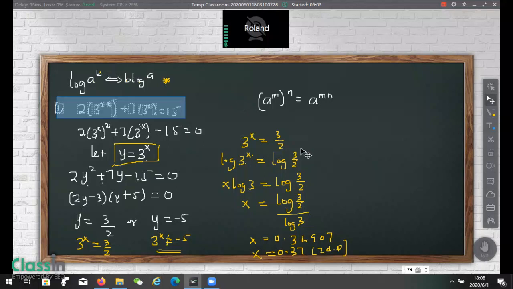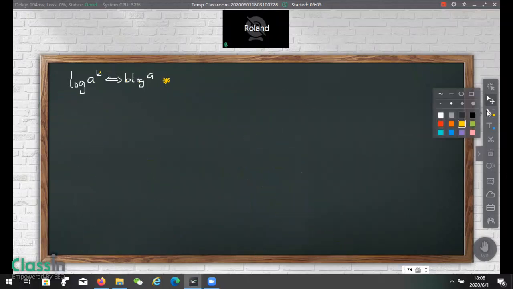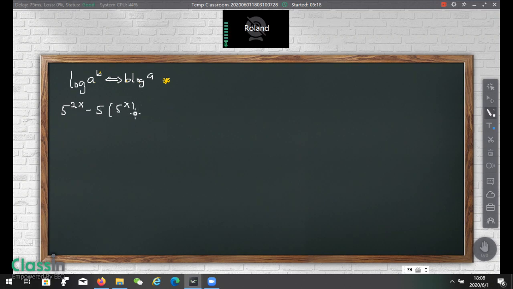Let's look at another example. If you have 5 to the power 2x minus 5 to the power x plus 6 equals 0, the same approach. This is the same as (5 to the power x) all squared minus 5 to the power x plus 6 equals 0.